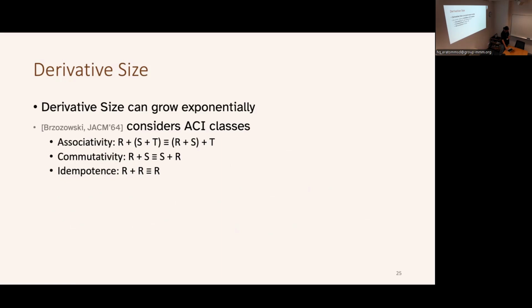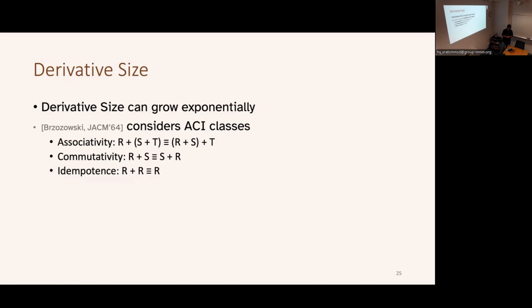And then the main question over here is how can we control the size of the derivatives? In the original paper, Brzozowski considered these axioms: associativity, commutativity, and idempotence with respect to union.